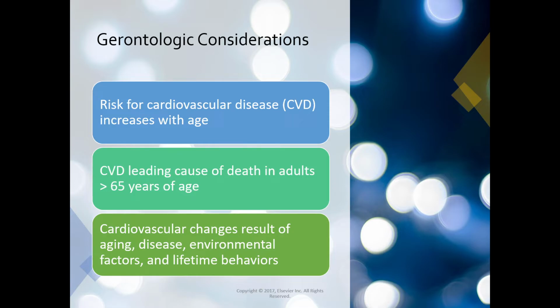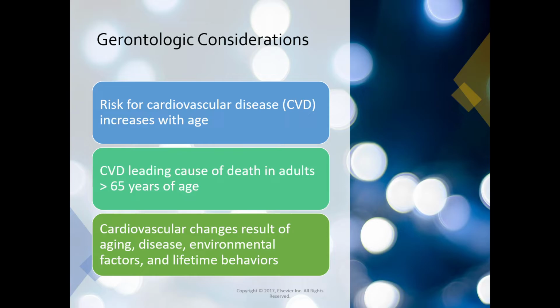But again, remember, let's go back to the problem of cardiovascular disease. We know that it's not only the leading cause of death in adults, in Americans, but also in adults that are above 65 years of age. And then also, really, it's kind of difficult to separate normal aging from the pathophysiological changes of atherosclerosis. And so a lot of times, oh, you got plaque buildup, and that just goes along with aging.